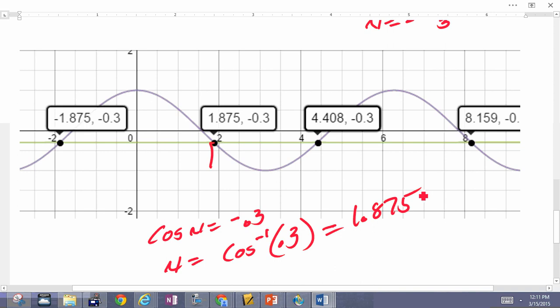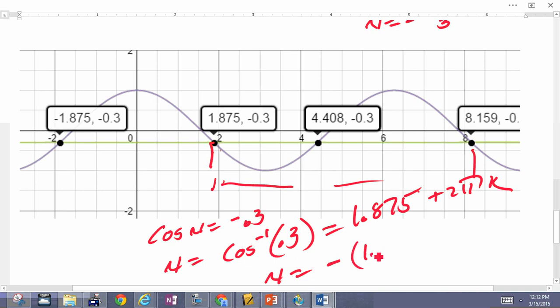That's radians, of course. And all subsequent solutions are plus 2 pi k, plus 6.28 would give you this one. You can also say x is equal to the opposite of that decimal value, negative 1.875, plus 2 pi k.